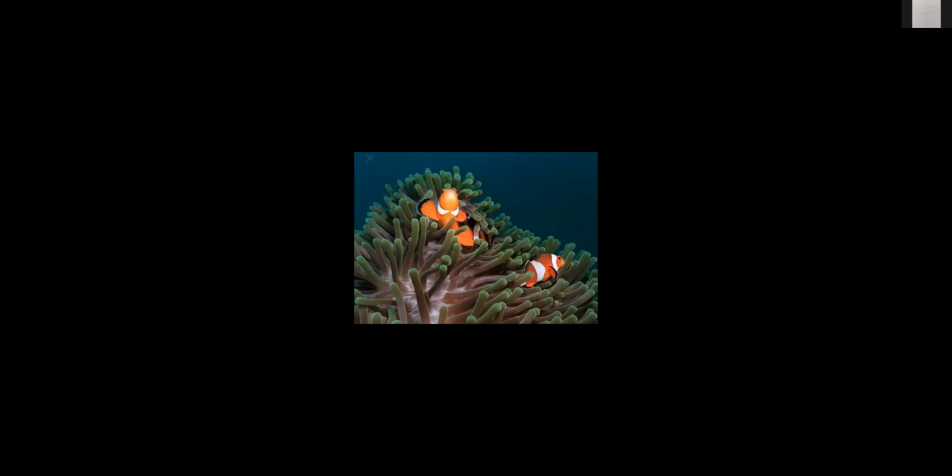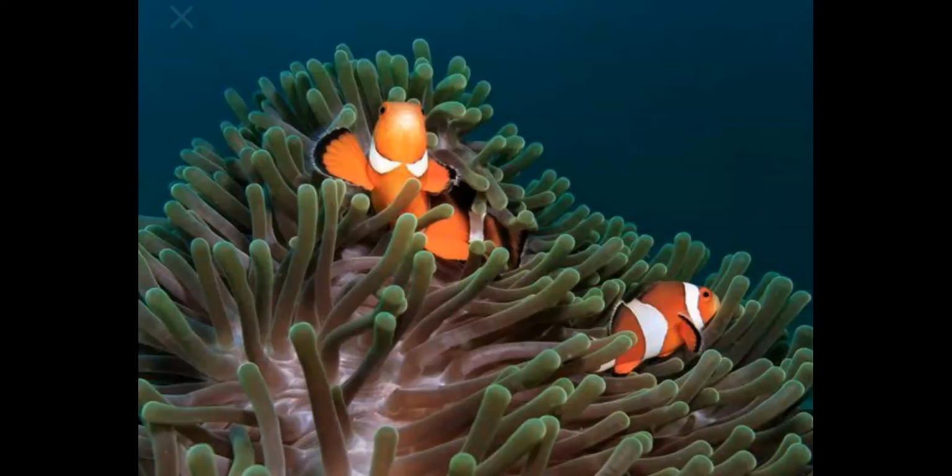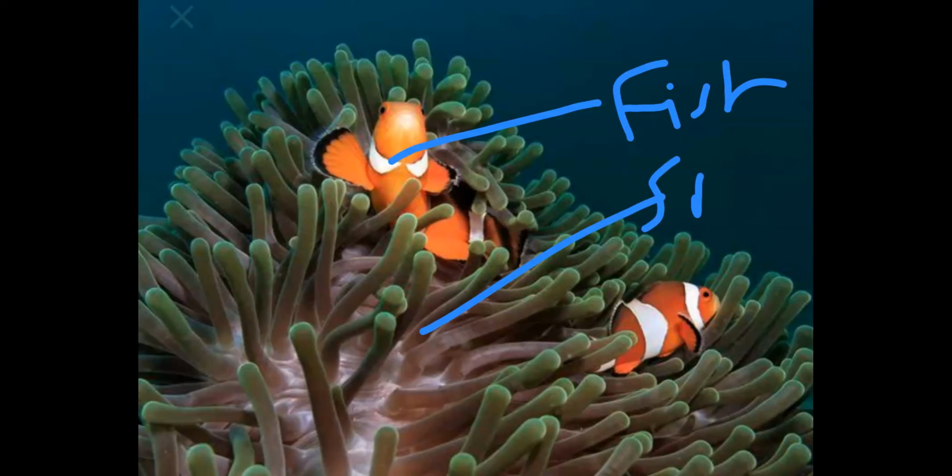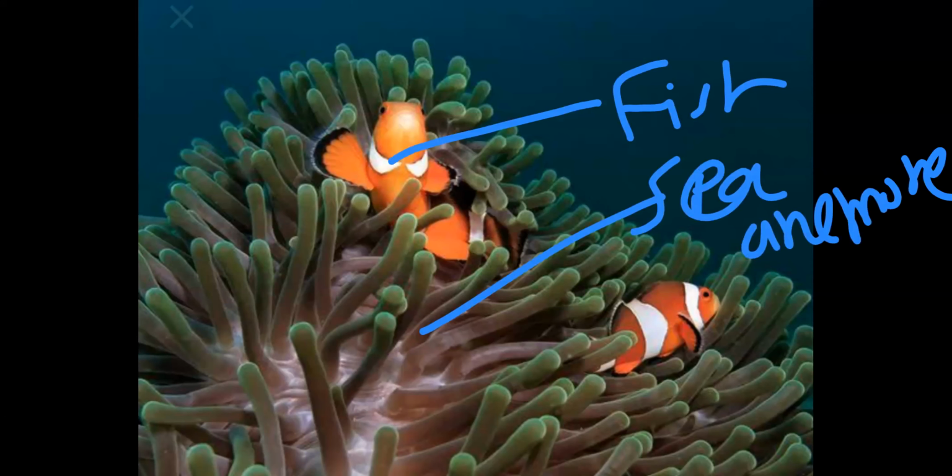Can you make out over here the sea anemone and the fish? Fish and sea anemone. Sea anemone, as you know, has tentacles. Stinging tentacles are there. So here the interaction occurs between the sea anemone and the fish.